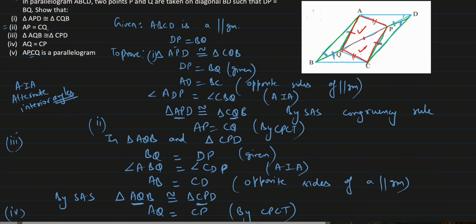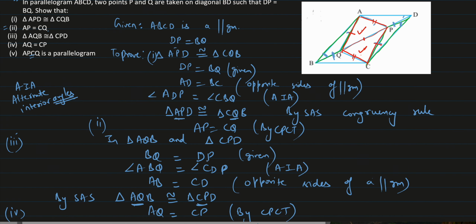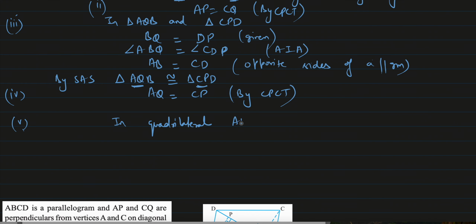Fine. Okay. So for the fifth part, we'll use one easy version only. In quadrilateral APCQ, what do we have?